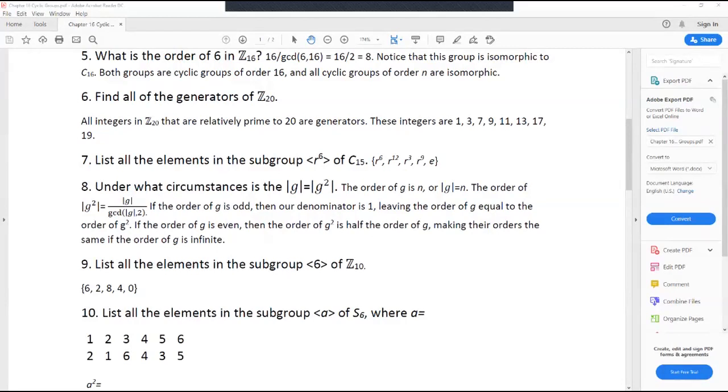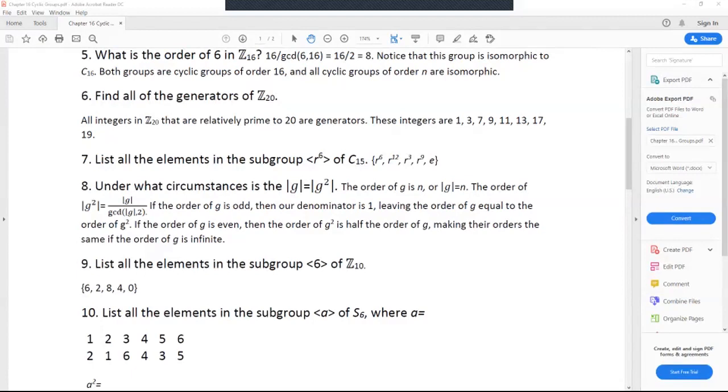And if we add another r to the power of 6, that gives us r to the power of 9. And then finally, r to the power of 15, which is the identity. So we can see that all of the elements generated by r to the power of 6 gives us 1, 2, 3, 4, these 5 here.